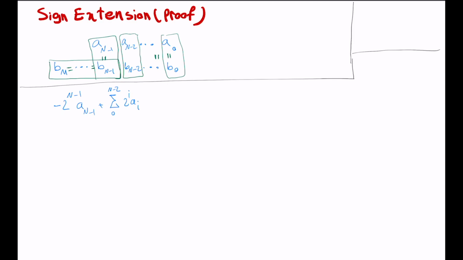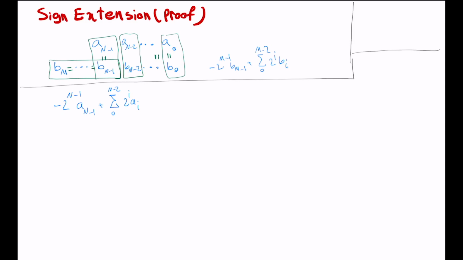Now, I'm going to write here for myself also what B is. B is going to be very simple: minus 2^(m minus 1) times B(m minus 1), plus the sum from 0 to m. We want to get from this quantity here to that quantity. Let's see how we can manage to do that.